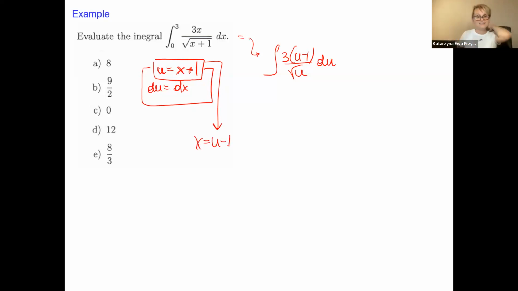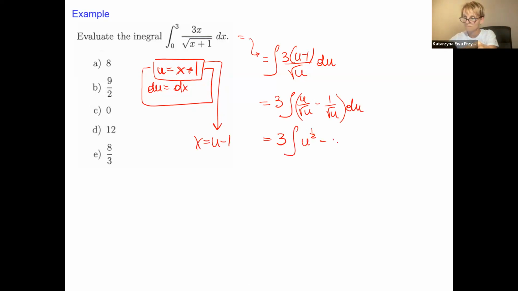And then we can split. You can keep that free, or you can factor out. We will have u over square root of u and 1 over square root of u. Okay, and this is 1 minus 1/2, it's 1/2. This one is negative half.